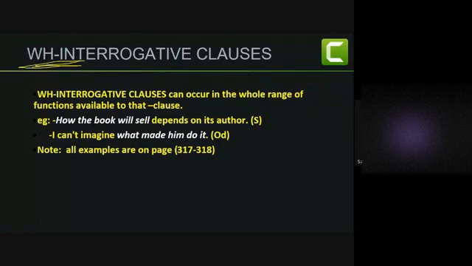WH interrogative clauses can occur in the whole range of functions available to that clause. This clause can take the place of all positions. It may occur as a subject, direct object, indirect object, adverbial, appositive, etc.